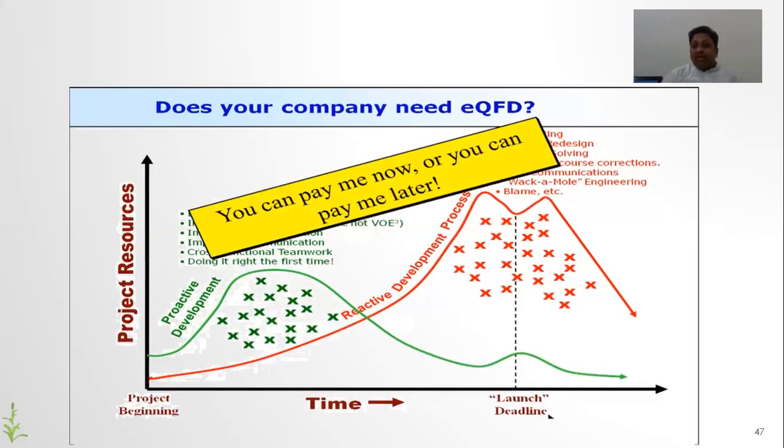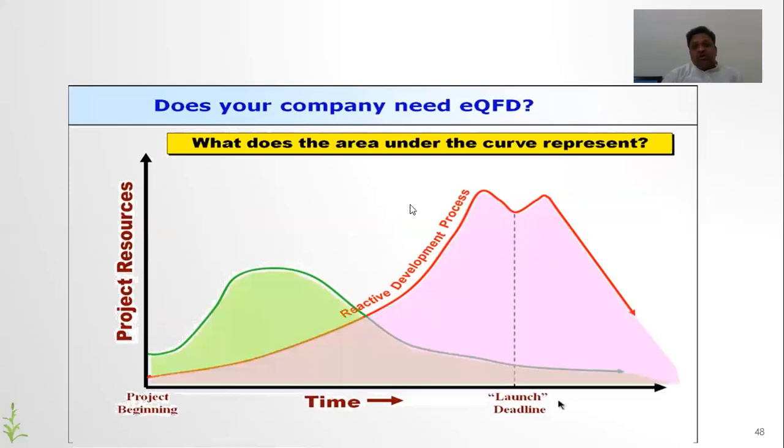So you can pay me now or you can pay me later. That's what the activity says. So what does the area under the curve represent? Here red is the reactive development process and green is the proactive development process.